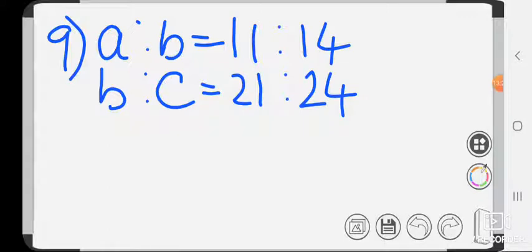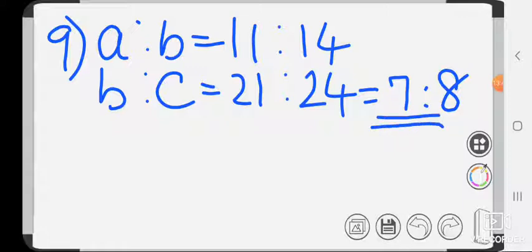So we have to cancel 3 from this. 7 3s are 21, so cancelling 3, 7 will be the leftover number. 8 3s are 24, so cancelling 3, 8 will be the leftover number. So the second ratio B is to C in the simplified form is 7 is to 8.